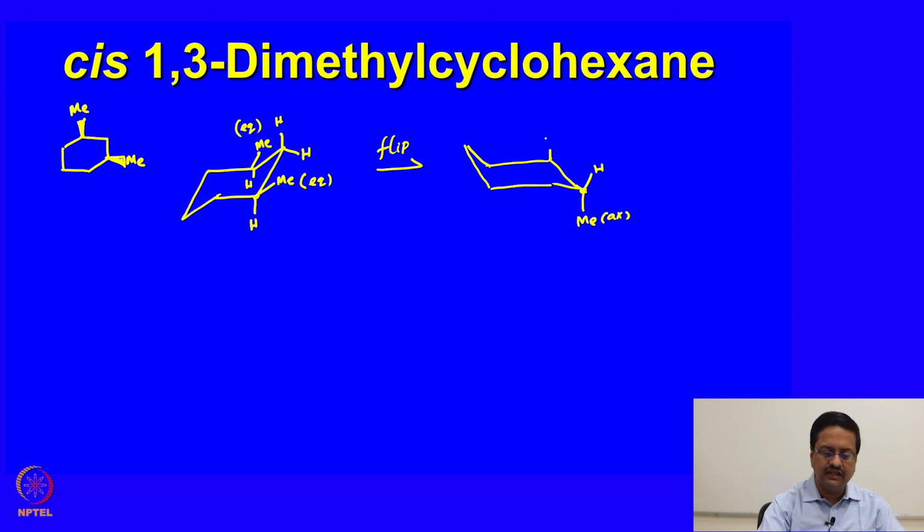This carbon does not have any methyl group. This has 2 hydrogens. The third carbon, which is here, has a methyl group down, and the hydrogen in the equatorial position. Here is hydrogen axial, equatorial, and again axial and equatorial. So what we see here is the two methyl groups both are in the axial position on 1,3 dimethyl cyclohexane.